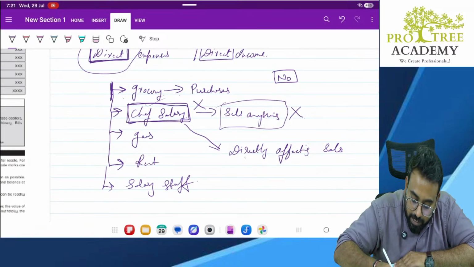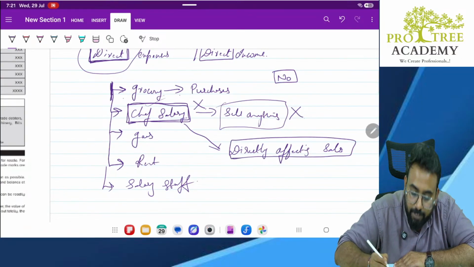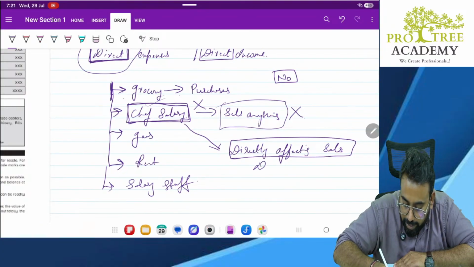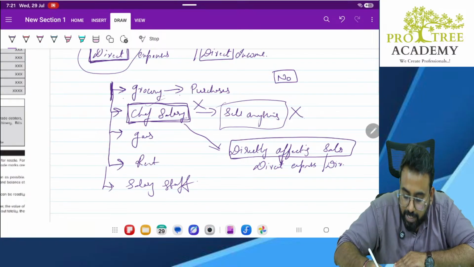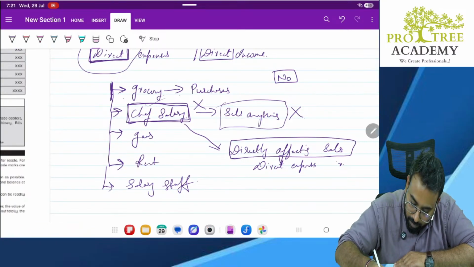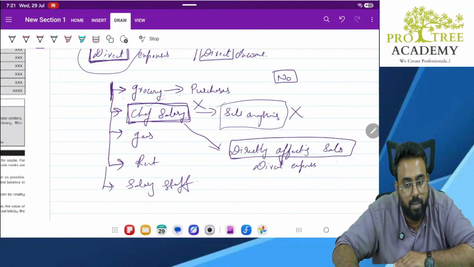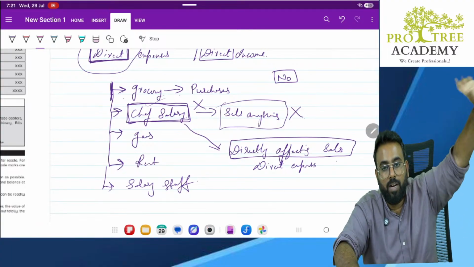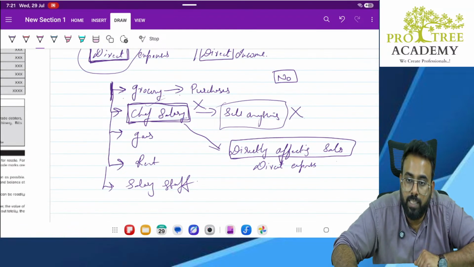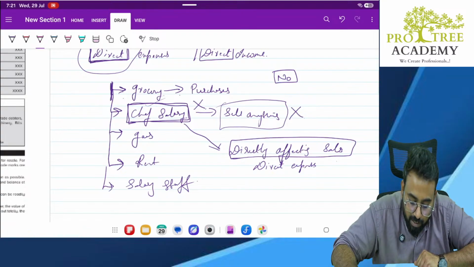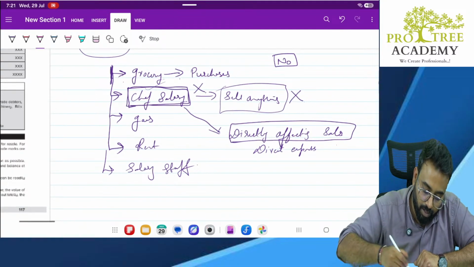So which items are directly affecting the sales are classified under direct expenses or direct income. In this case, it is direct expenses, which is directly proportional to our sales or purchases. Clear? Is everybody understanding?